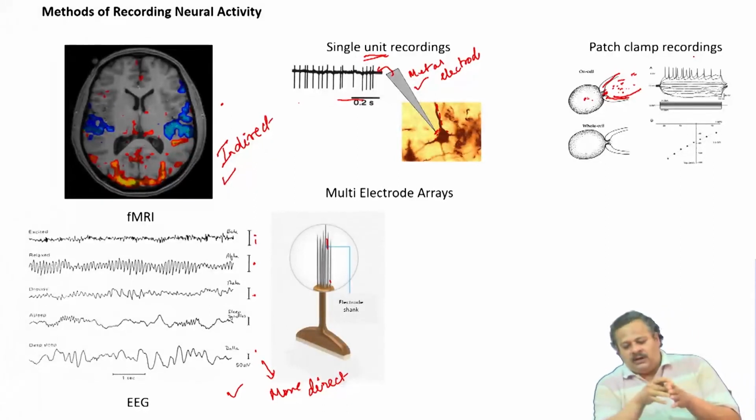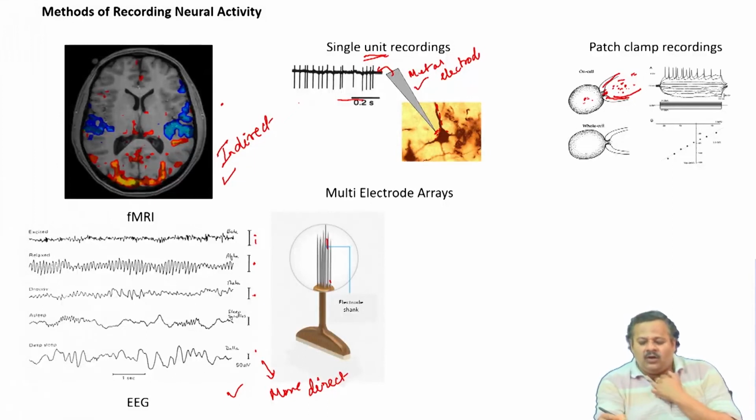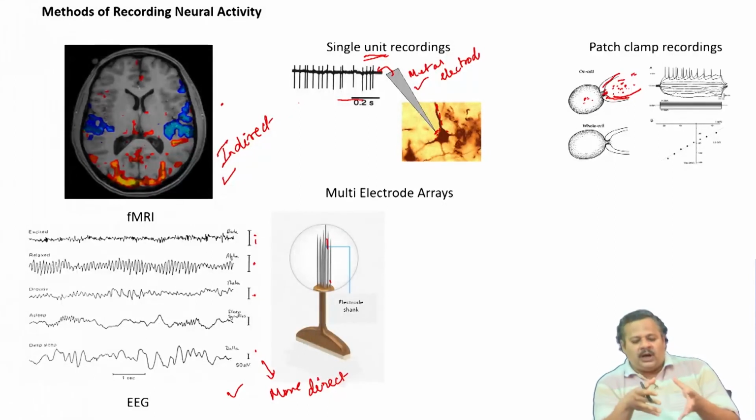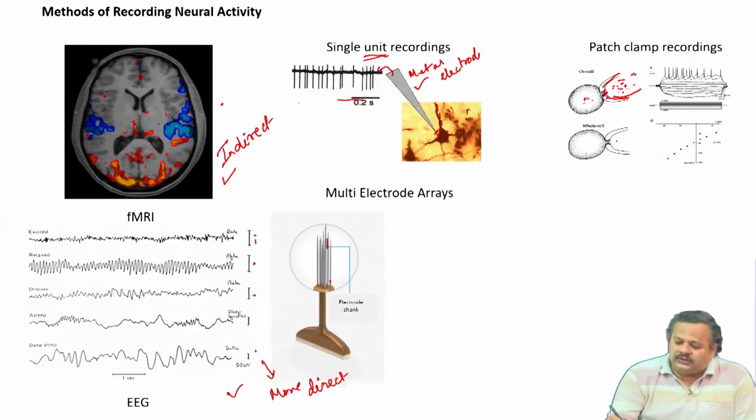The internal solution of the electrode and the inside of the neuron need to be the same, and they are also electrically isopotential. So what this now allows us to do is record the membrane potential, that is inside minus outside, by having a reference ground outside.